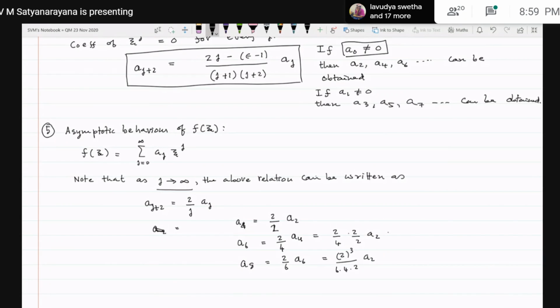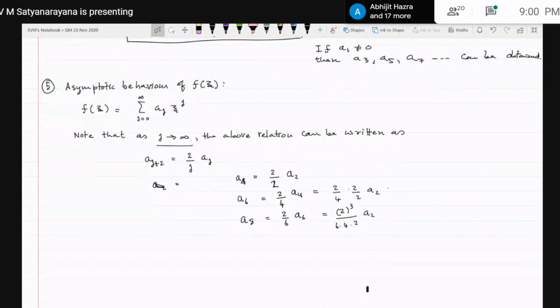So one can write a general term in the following fashion. I can pull out 2 from here, 2 from here, 2 from here, then this becomes 3 factorial.